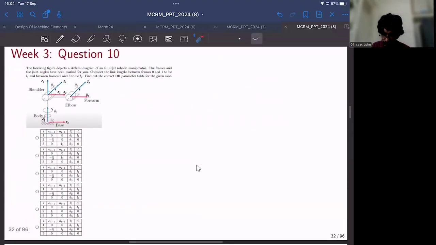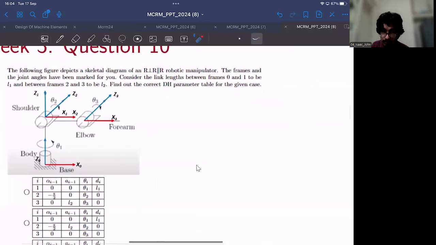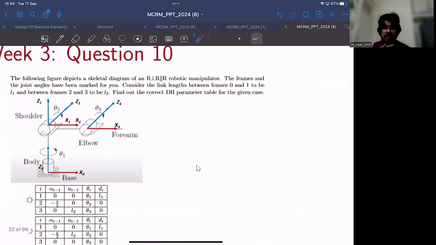Question 3 and question 4: for the following figure, we are supposed to find the correct DH parameters. For your convenience, all the frames of reference have already been assigned. Z0, the ground frame, is like this. Z1 and X1 are with respect to this joint, the vertical joint. Z2 and X2 are with respect to this rotated joint.